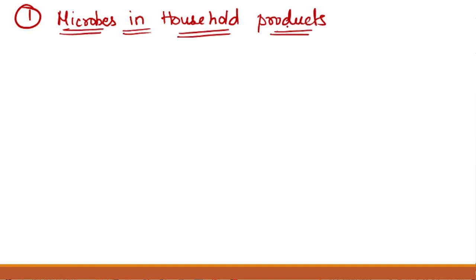Microbes in household products. When I write microbes in household products, what comes to your mind first? What are the things we use in household? Just now I gave you a hint in the introduction.